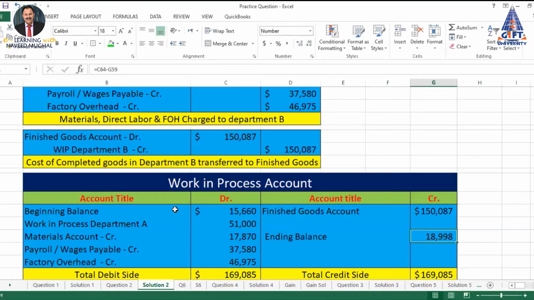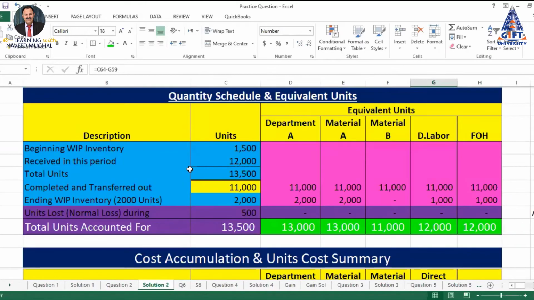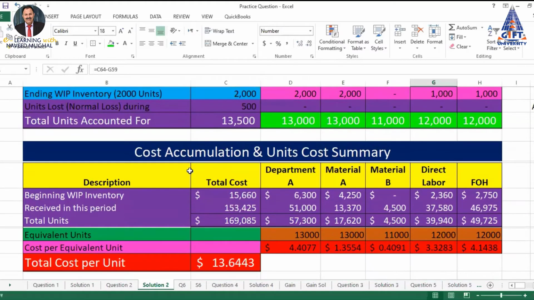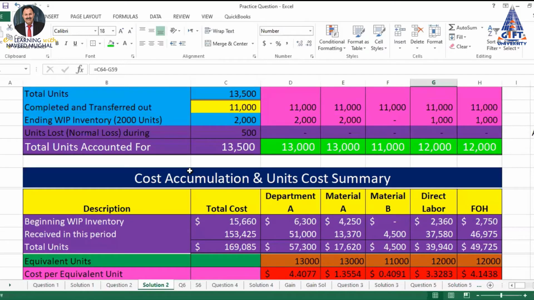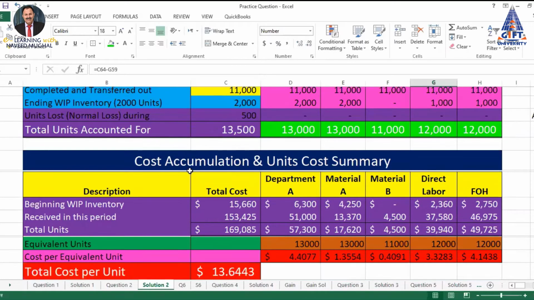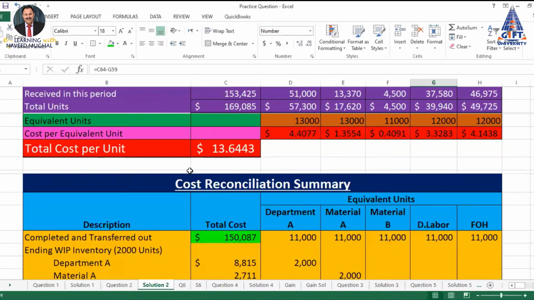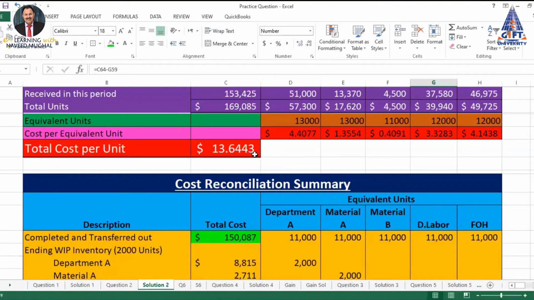And hopefully you have understood the treatment of normal loss when normal loss occurs during the process and is charged to work in process and finished goods inventory evenly. It means that we have not separated the cost, and automatically that cost has been included in the cost of finished goods as well as in the cost of work in process inventory. We have already included the cost of lost units in 13.6443.